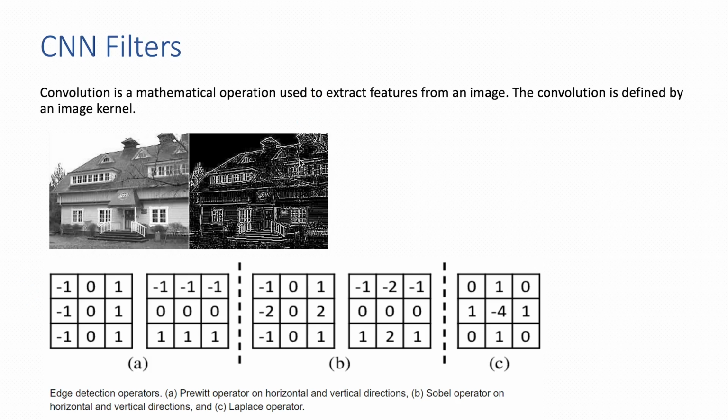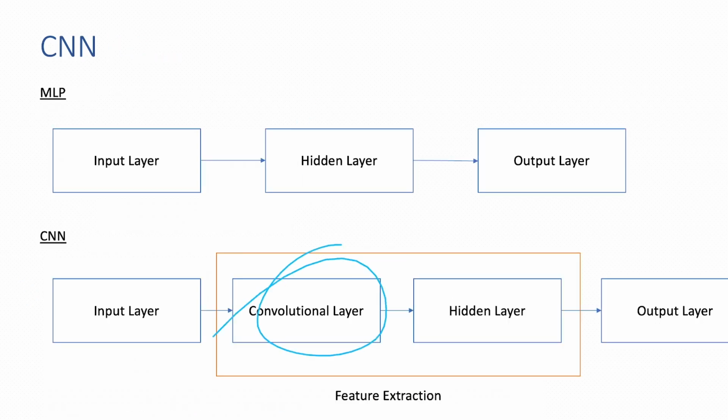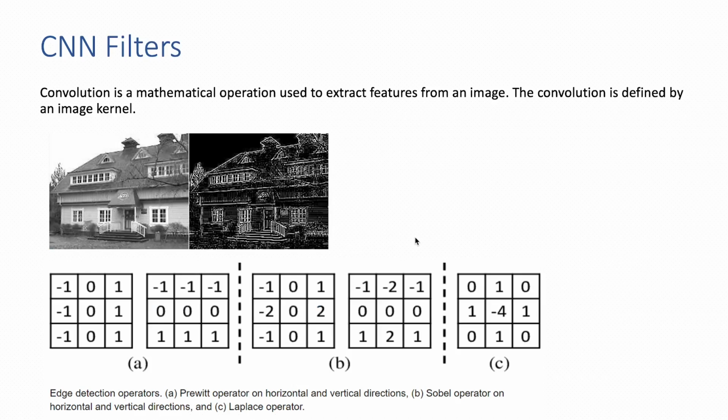Okay. So this is what I was talking about. The convolutional layer is also responsible for feature extraction, along with the hidden layer where you're trying to draw some complex aspects of your input data X, right? So now it's clear that both the convolutional layer and hidden layer are responsible for feature extraction. And there are different filters or kernels that I have presented in this slide.